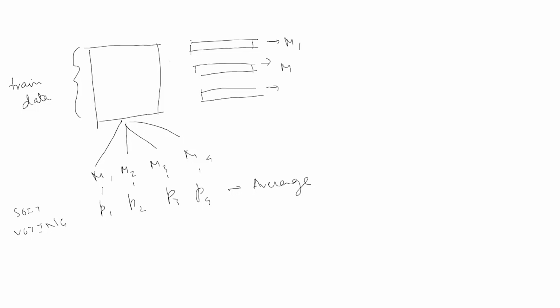After we have trained on each of them, we have probabilities P1', P2' and P3', and again you took an average of all of this.